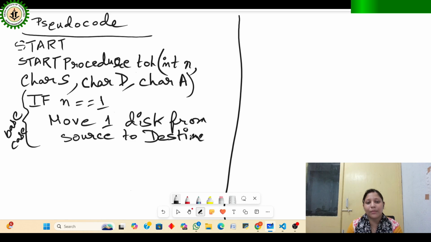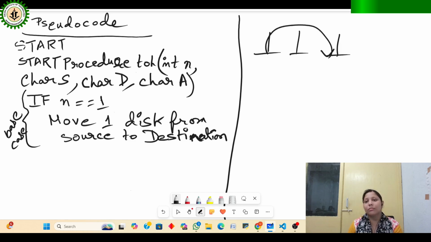This is the base case of Tower of Hanoi, meaning if this gets to 1, then it will be terminated. That means it will directly go to the destination rod. Okay.